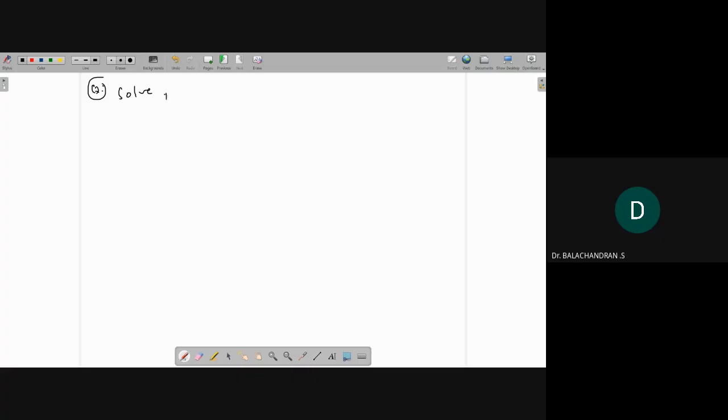So d square minus 3d d dash plus 2d dash square into z is equal to 2 plus 4x into e power x plus 2y.